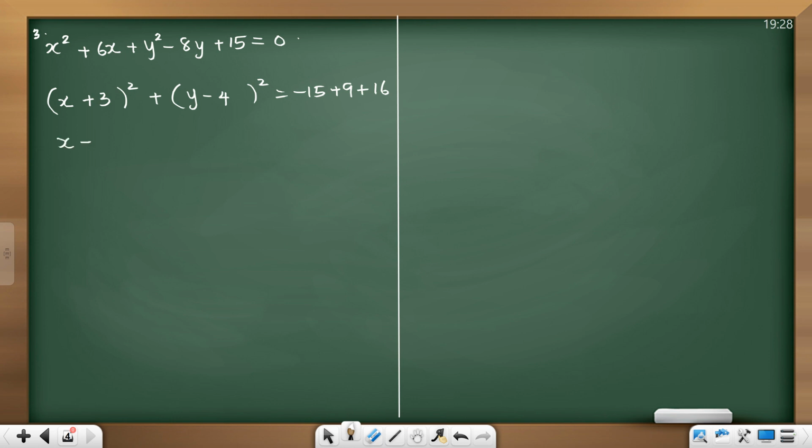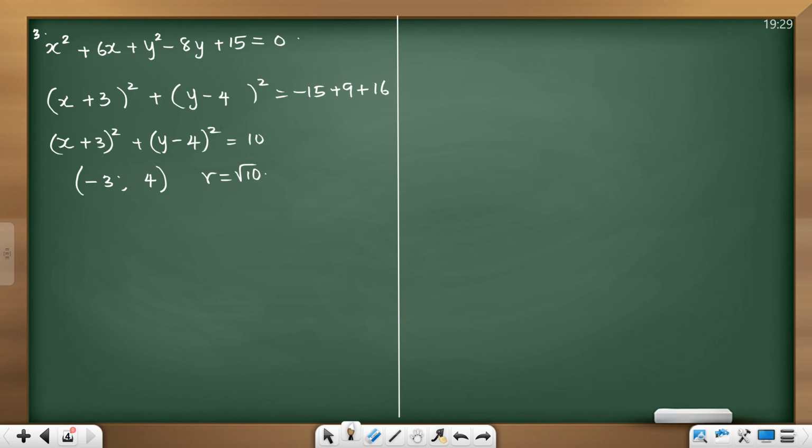So what do I have? x plus 3 squared plus y minus 4 squared equals 10. So what's the center? Negative 3, 4, and R is what? Which is 2 root 5, I think. I'm lying. It's just root 10. We're done there, right? Guys, as simple as that.